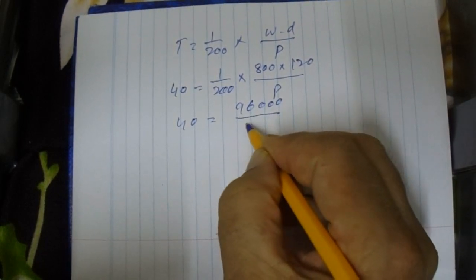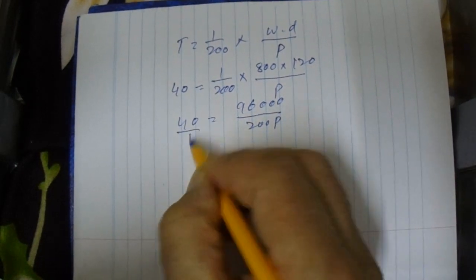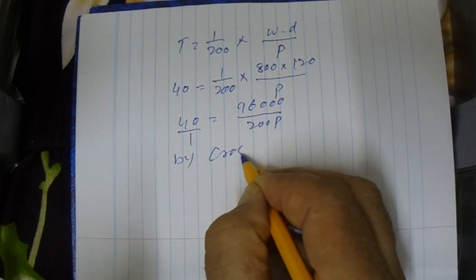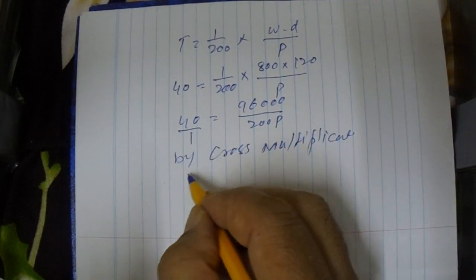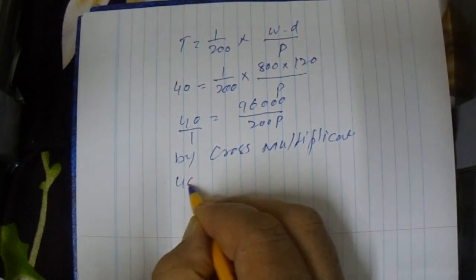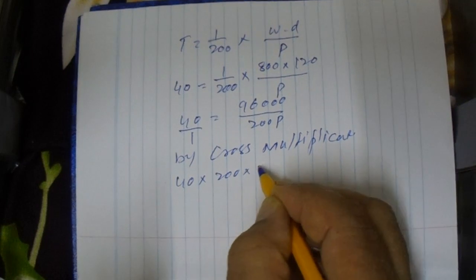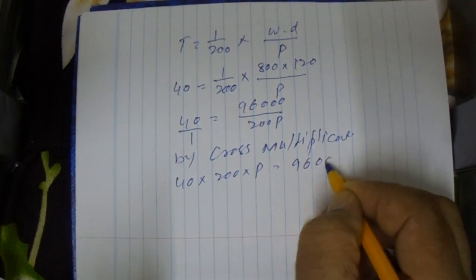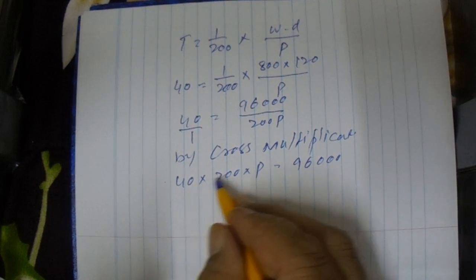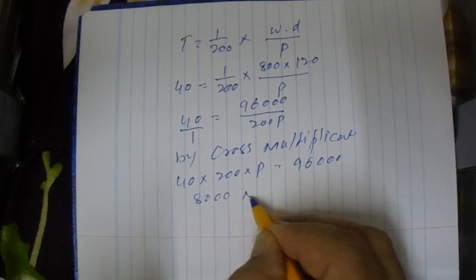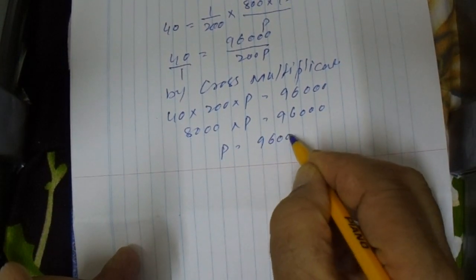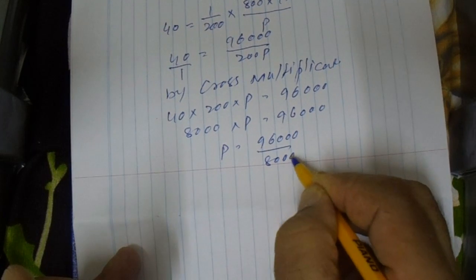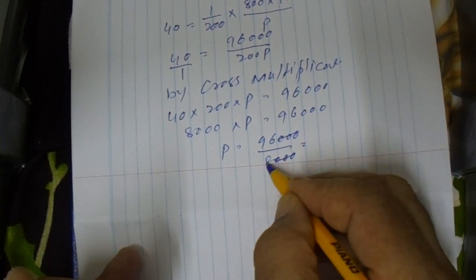That is 96,000 over 200 P. By cross multiplication, 40 multiplied by 200 multiplied by P is equal to 96,000, so 8,000 multiplied by P is equal to 96,000, and P is equal to 96,000 over 8,000, which is 12.